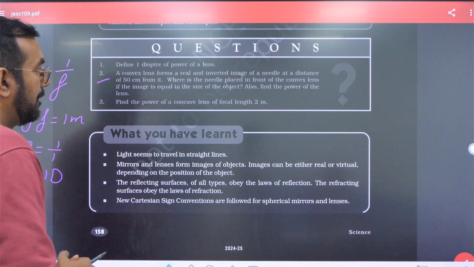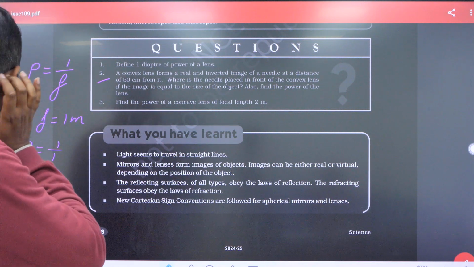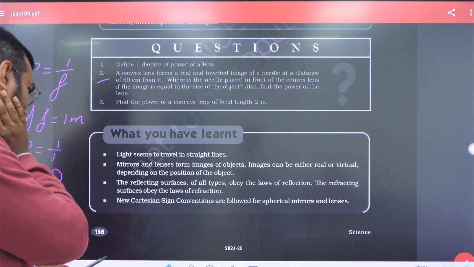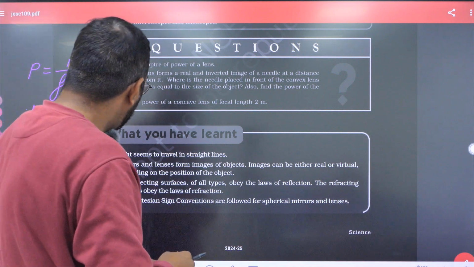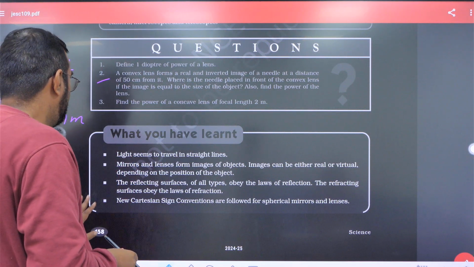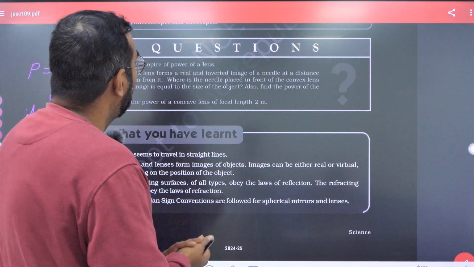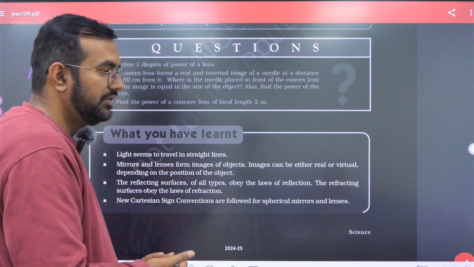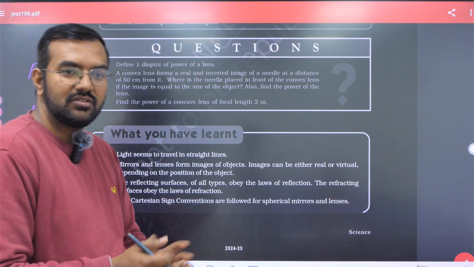A convex lens is a positive lens, and we are given magnification. A convex lens forms a real and inverted image. Which lens forms a real and inverted image? Convex.